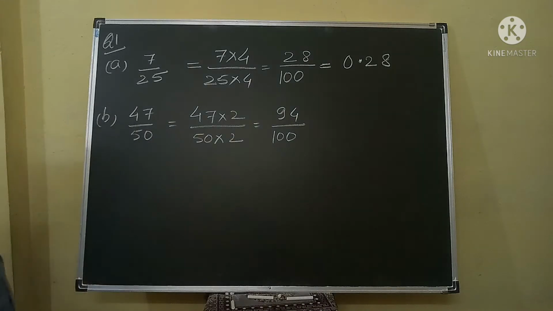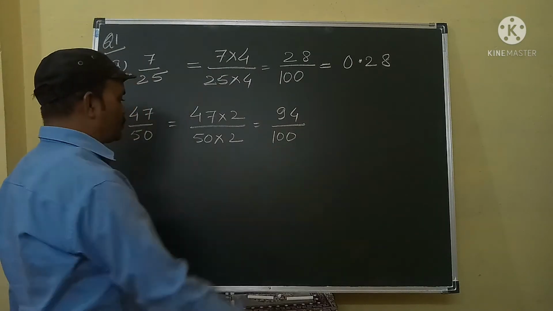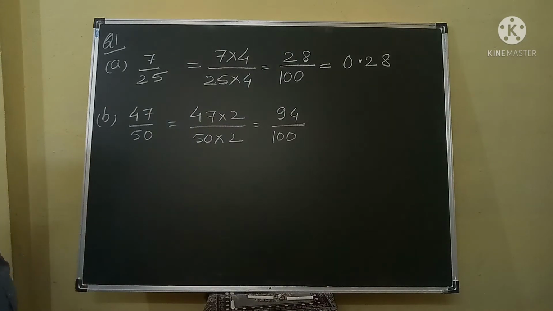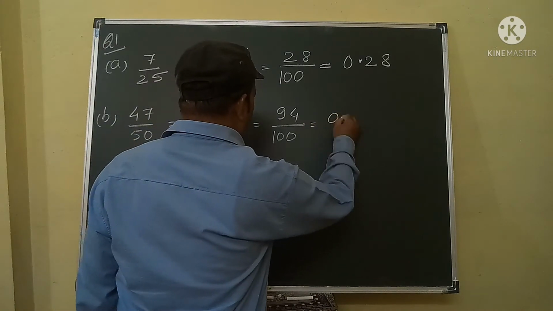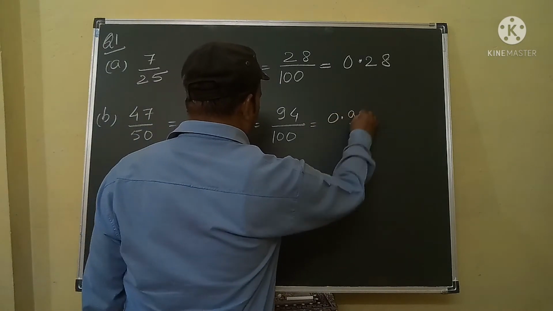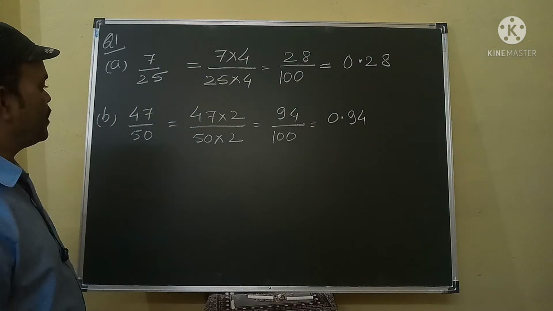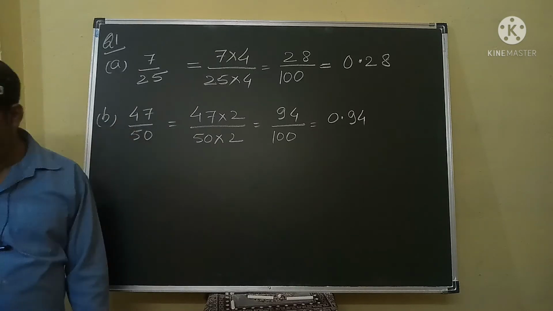Okay, 94 upon 100. As you are looking, in 100 the number of 0s is 2. That means in the numerator before 2 digits we will put the decimal point. That means 0.94. 0.94 is the required answer.